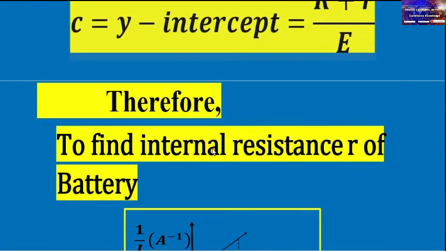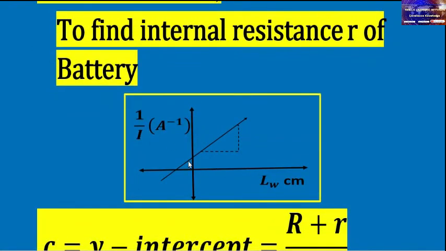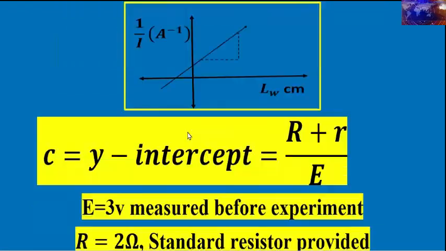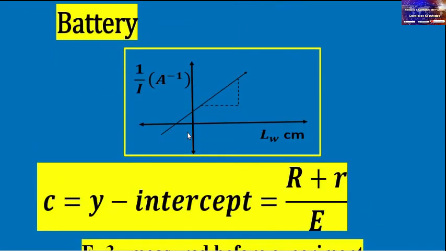Therefore, to find the internal resistance r of a battery, you have to consider this graph. Internal resistance is obtained from the y-intercept. The y-intercept is here. You see that is the mouse point. You read the value from your graph, and you are going to substitute it into this equation.